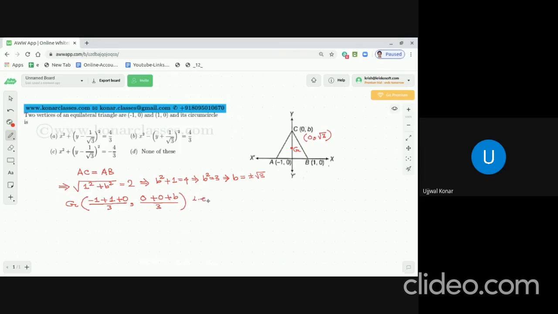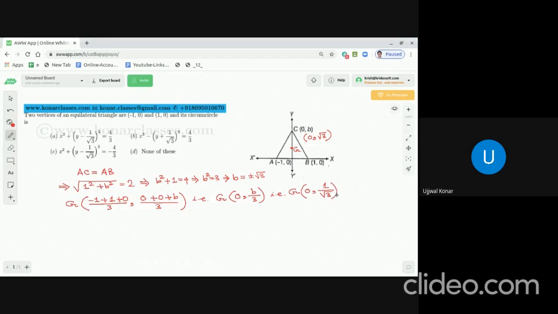That is, we get the coordinates of the point G as 0, b by 3. Correct. That is the coordinates of the point G. And as we know, the value of b is equal to plus root 3, so we get the coordinates of the point as 0, 1 by root 3.